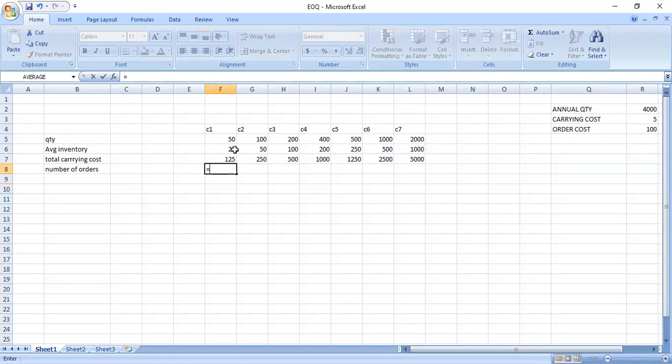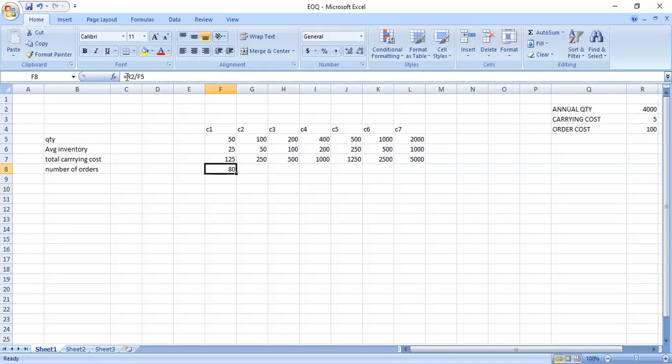If I am going for 50, total in a year, how many orders will I place? I wanted to know, so that's why number of orders is equal to total quantity, 4,000, divided by 50, which is equal to 80 times I will place an order in a year. If I am going with 50 units every time, likewise in a year I have to make 80 orders.